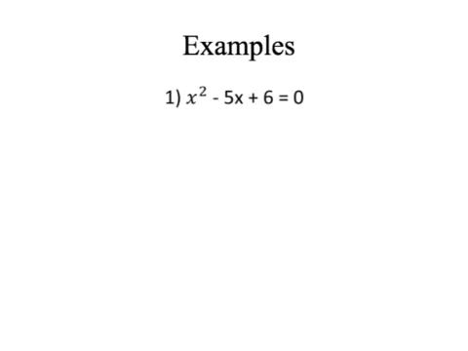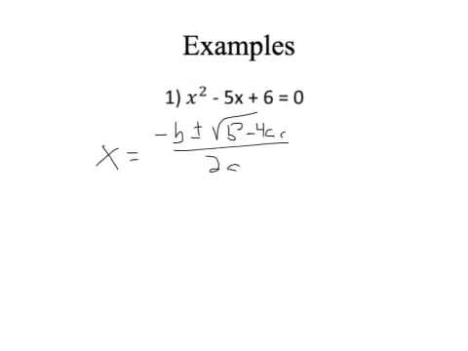So for example, we have x squared minus 5x plus 6. And I'm going to solve this by using the quadratic formula. It's negative b plus or minus the square root of b squared minus 4ac divided by 2a.